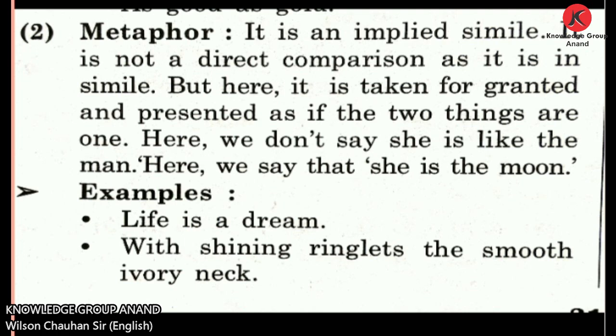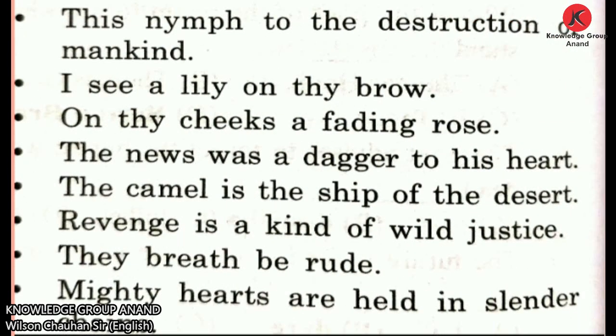So it is not compared with that sort of thing, but it is directly associated. This nymph, to the destruction of mankind. She is like the destruction? It has not been said. It is directly said that this nymph is to the destruction of mankind.